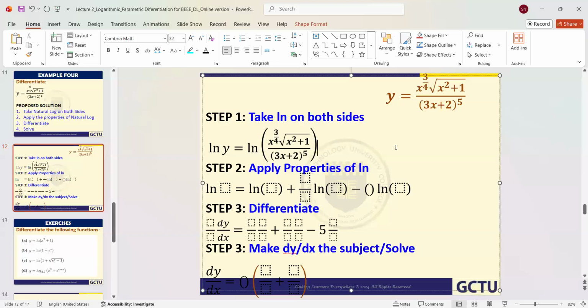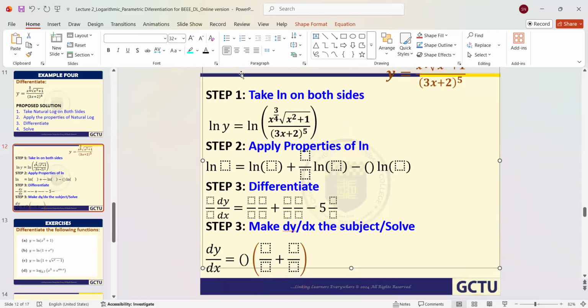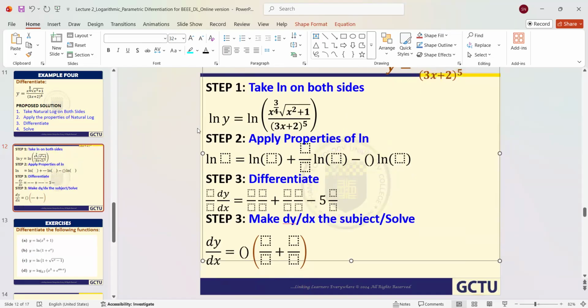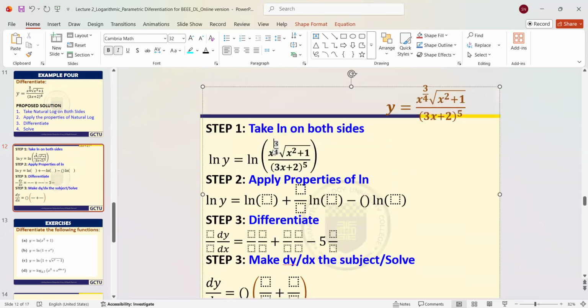Now we have to apply the properties of log. As we type, I have to be pushing this up. So let's take the properties of log. If you look up here, x is raised to the power 3 over 4, and it is multiplying whatever I have here.